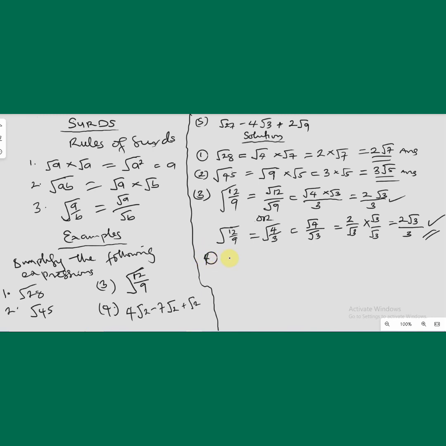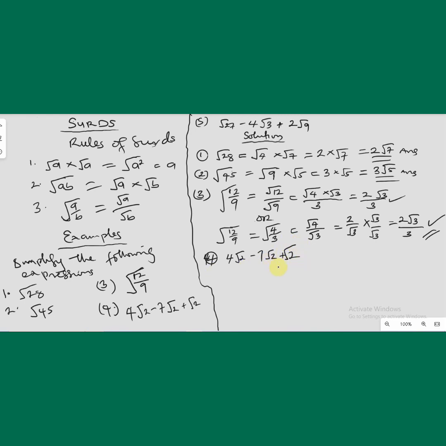The fourth question says simplify 4 square root of 2 minus 7 square root of 2 plus, sorry, plus square root of 2.